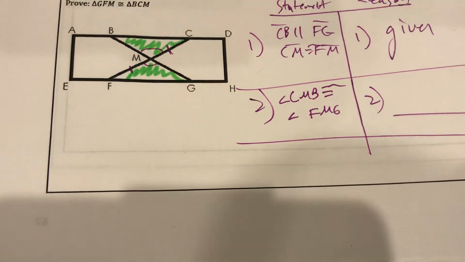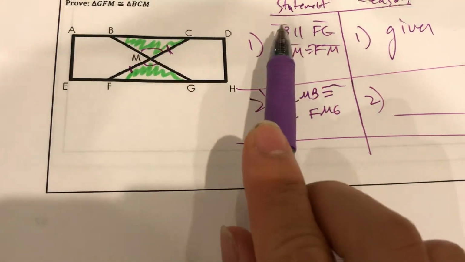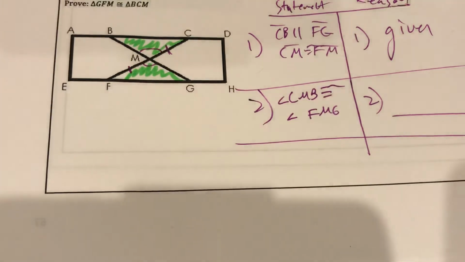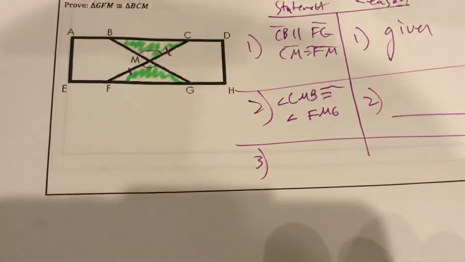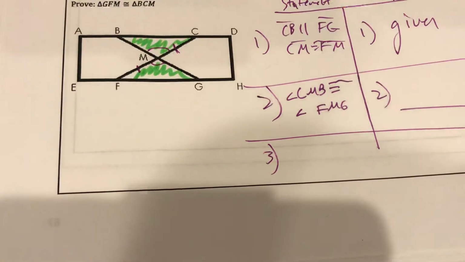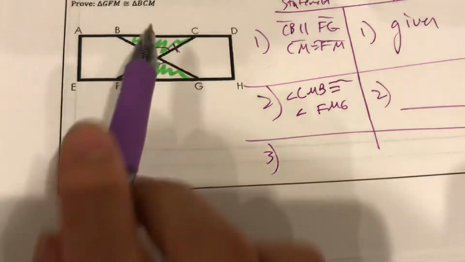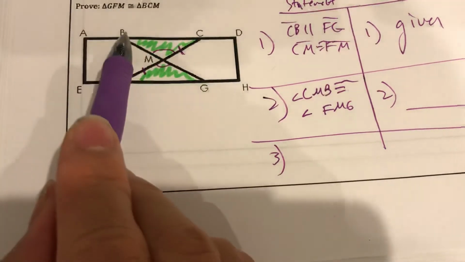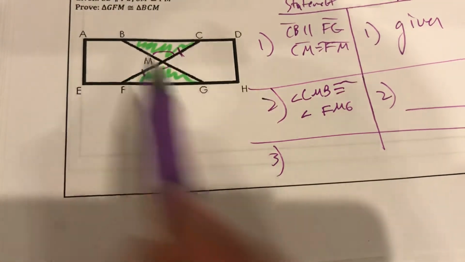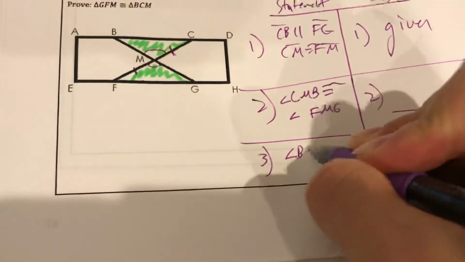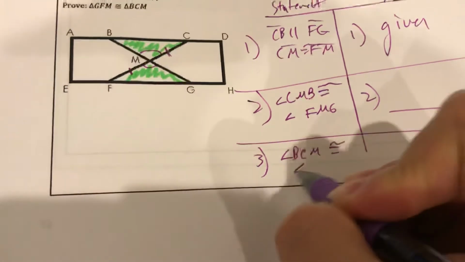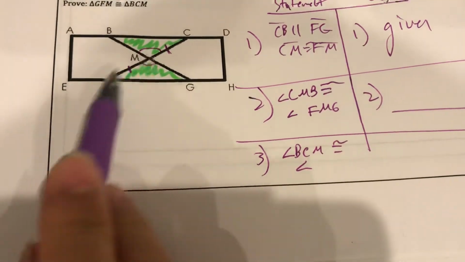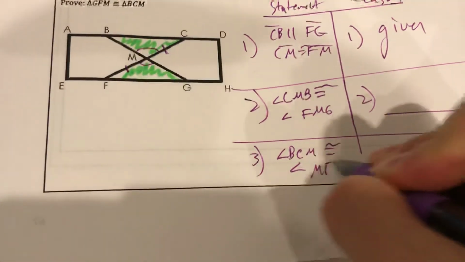Well, think carefully here. Why did they give us this information that CB is parallel to FG? Well, the next piece is that we also know about certain other angles, right? Because we know this and this are parallel lines, we could also say that angle BCM is going to be congruent to angle MFG, okay?